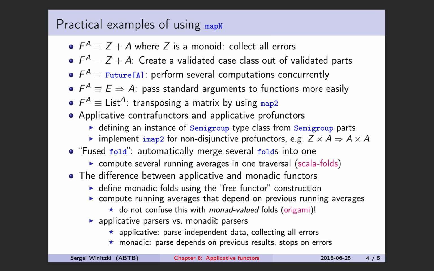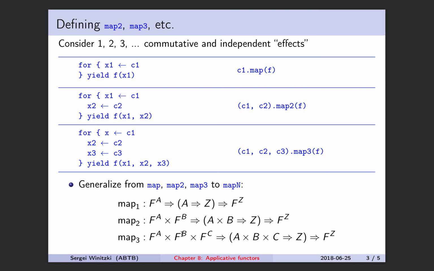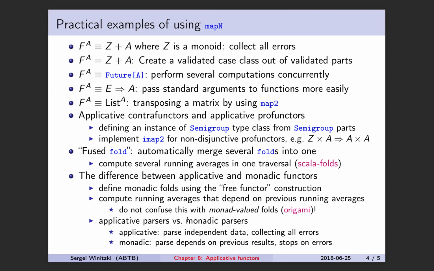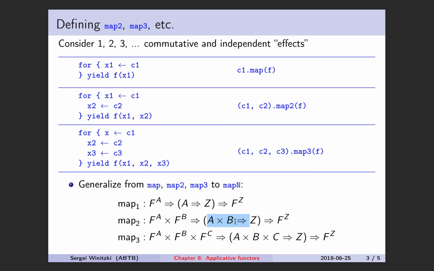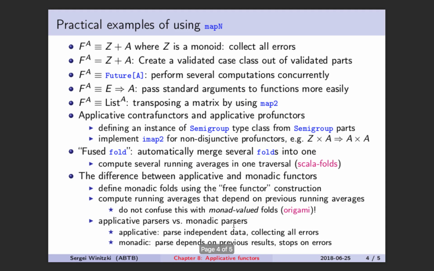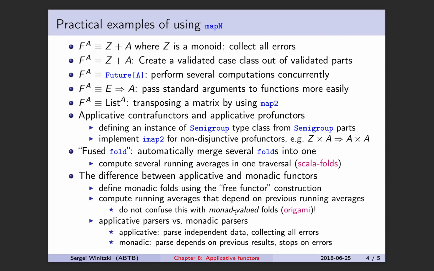So there are several parts, and each part is processed independently, and the results are all accumulated. So mapN is a good example. You have several parts. They're all processed independently, component by component, and the results are put into another container. Whereas monadic combination means that each next step depends on the result of the previous step. And that is sometimes necessary.